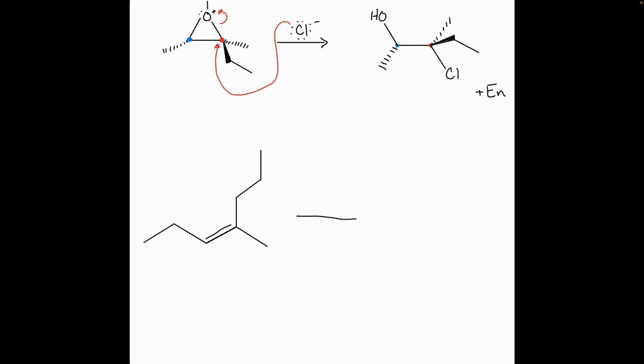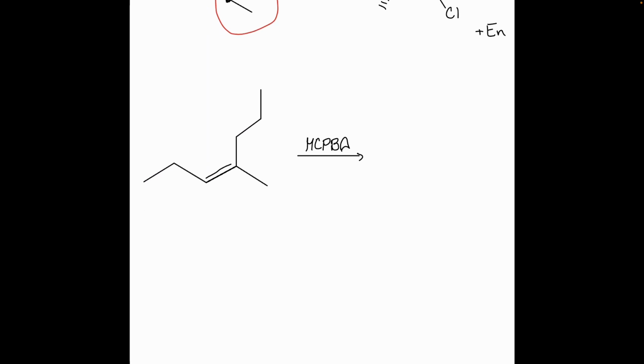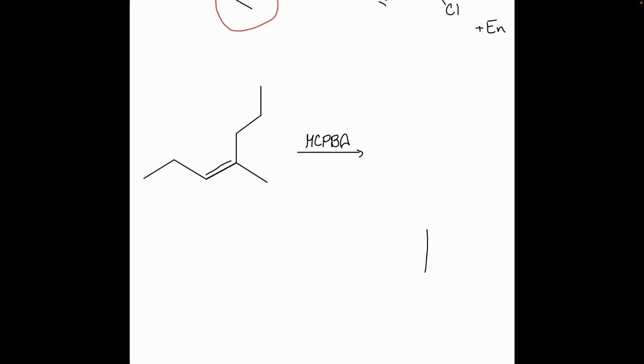So step one, we're first going to create our epoxide. And then from there, we're going to treat it, this time with a basic nucleophile, an alkoxide ion. And I want everybody to see if you can give me our stereospecific products here. Oh, I said I would leave that as an example.